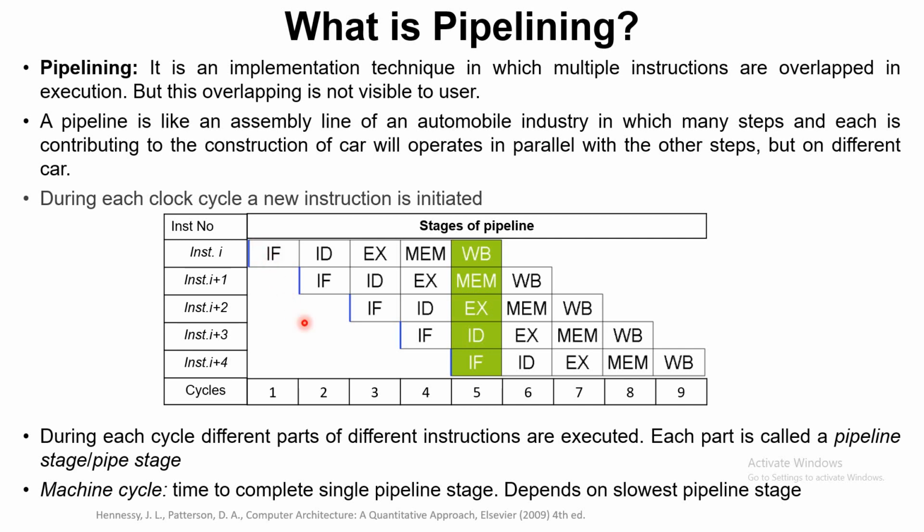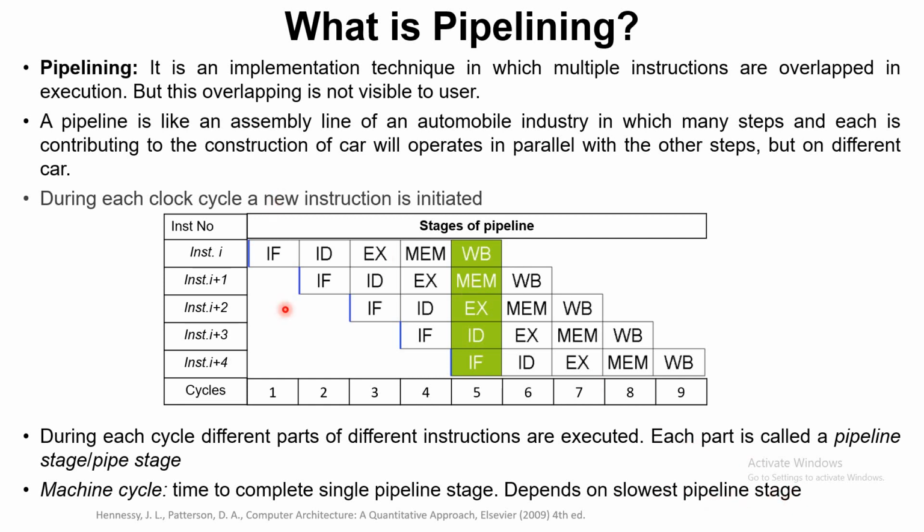So what is the machine cycle? The machine cycle is the time required to complete a single pipeline stage. Whatever time the structure takes to complete one stage of the instruction is called the machine cycle. So it depends upon the slowest pipeline stage.